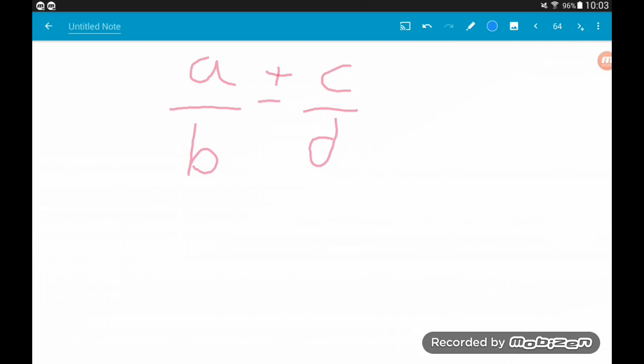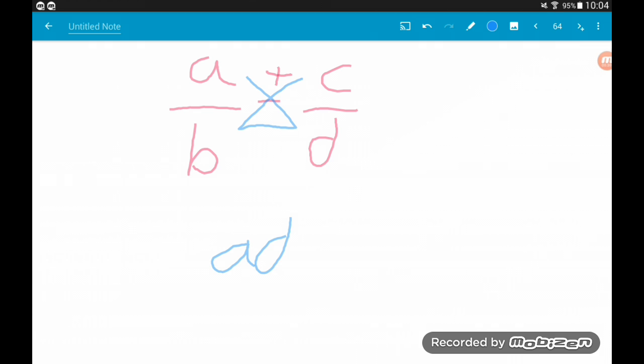First up then, we are looking at adding or subtracting a over b plus or minus c over d. So this is a fully algebraic guide. We're going to use cross multiplication. So the bottom of the second multiplies the top of the first, so we're going to get a times d.